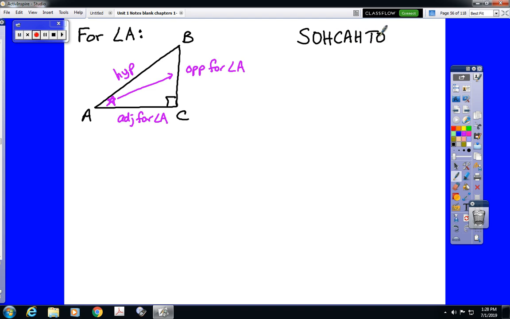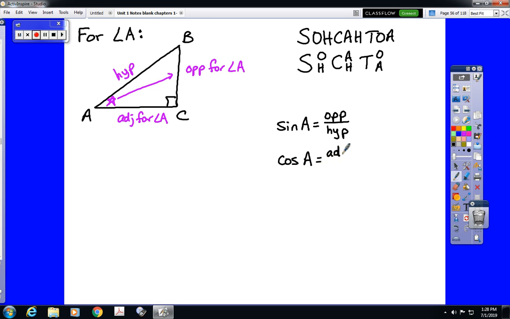Now, I've never been a fan of writing it that way. I like to write it Soh Cah Toa. And the reason for that is, by definition, the sine of A is the opposite side over the hypotenuse. The cosine of angle A is adjacent over hypotenuse.